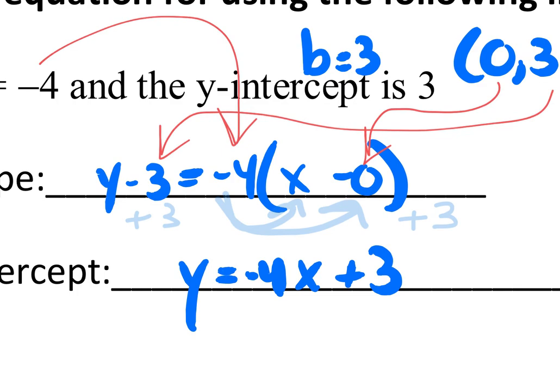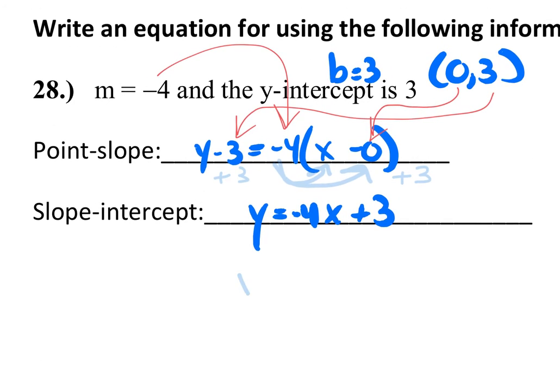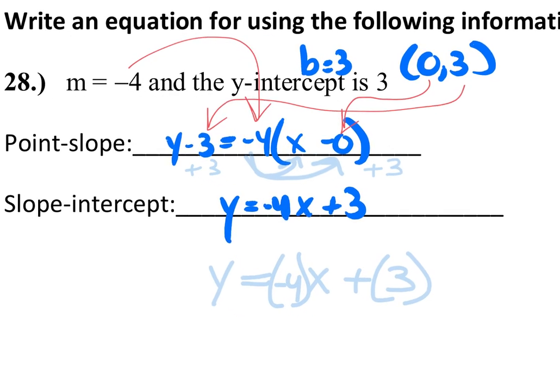And you'll see that I get -4x plus 3. But this one, they already told us the y-intercept, so we could have just done y = mx + b, filling in our slope and our y-intercept, which were -4 and 3.